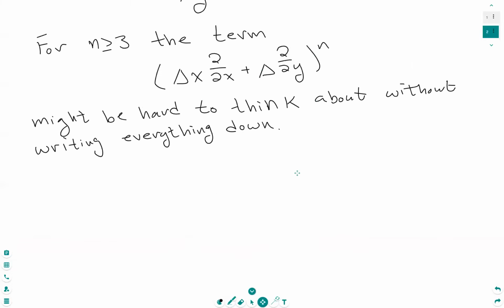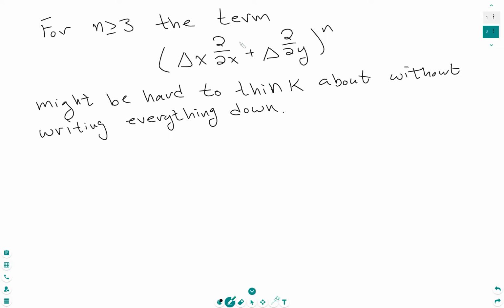So what we could do, and you could do this for an (a plus b) to the nth power, it doesn't necessarily have to be this differential operator, but here we have it, is use the binomial theorem or Pascal's triangle.